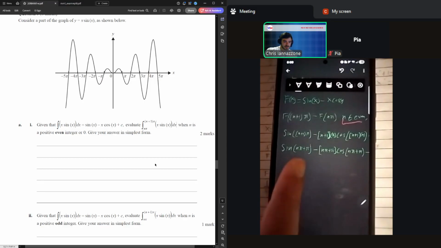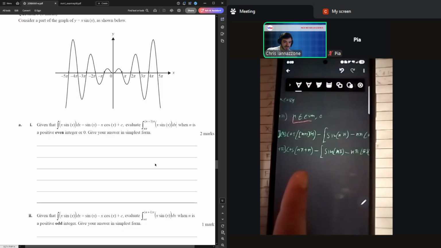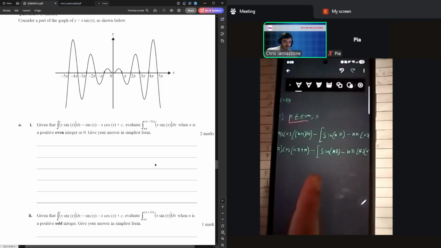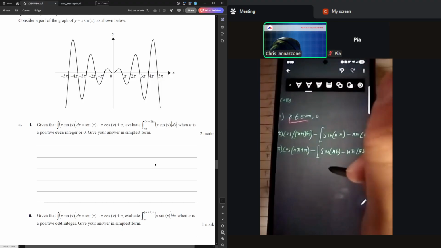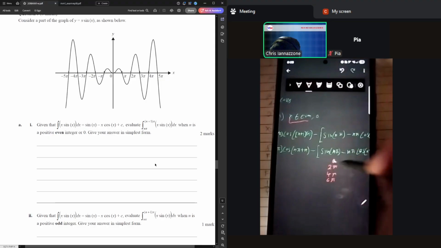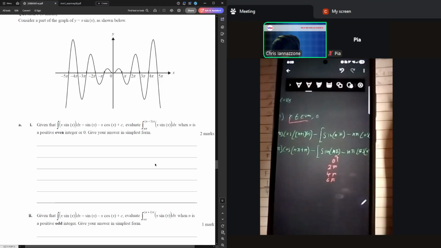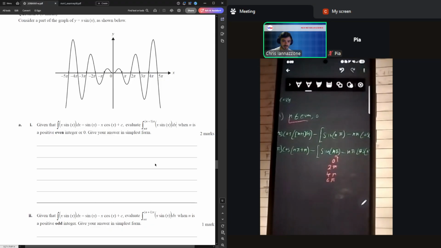These brackets are a bit bigger and scarier, so you probably want to start with these. So sine n pi, where n is either even or 0. Let's do some testing: 2 pi, 4 pi, 6 pi, or 0. If I shove any of these into sine, what's that going to become?